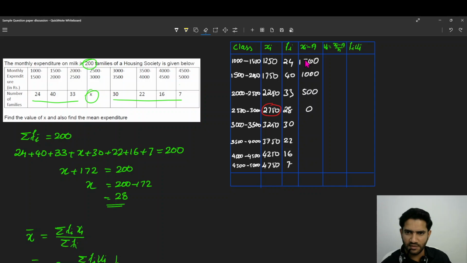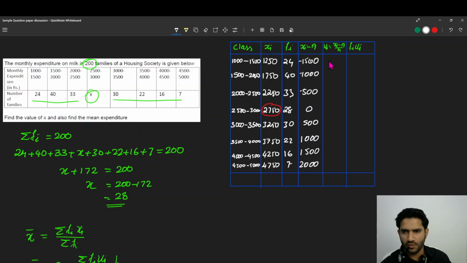This is a negative value because this is the highest one. So negative 1500, negative, negative. Here we have positive 500. This is positive 1000. This is positive 1500. This is positive 2000. Now divide by h. h means 500.